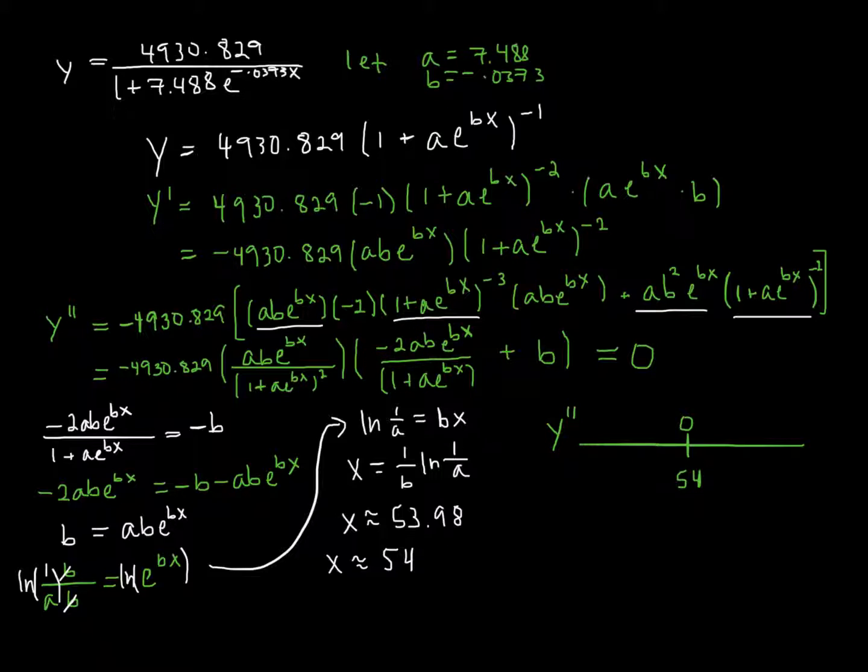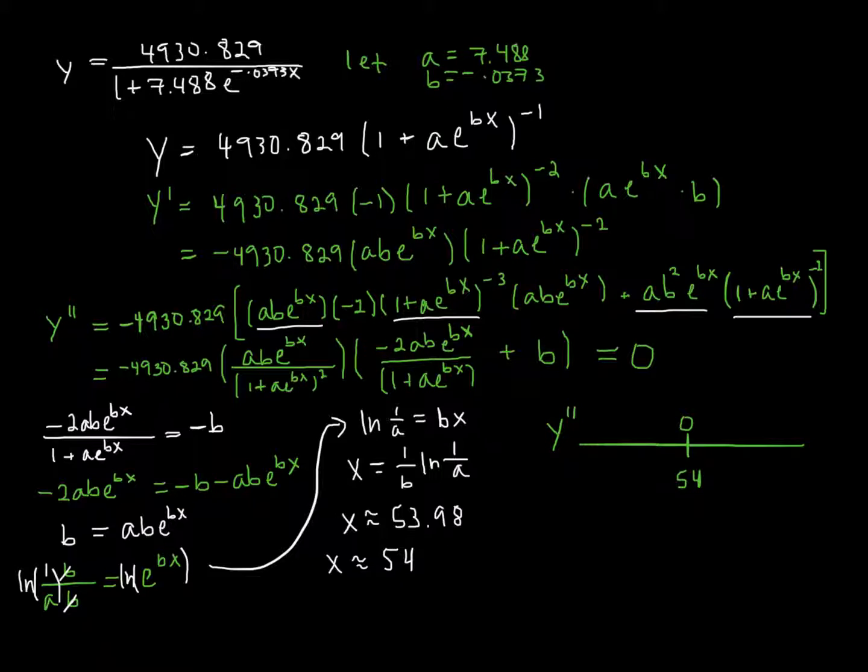Now over here, notice that I have a rational expression where I have a numerator and a denominator. I don't know for sure. None of these are being raised to an even power, so I can't say for sure whether either one is going to be positive or negative. And then I also know that I'm going to have to add this b value to it, or in other words, subtract 0.0373 from this value.